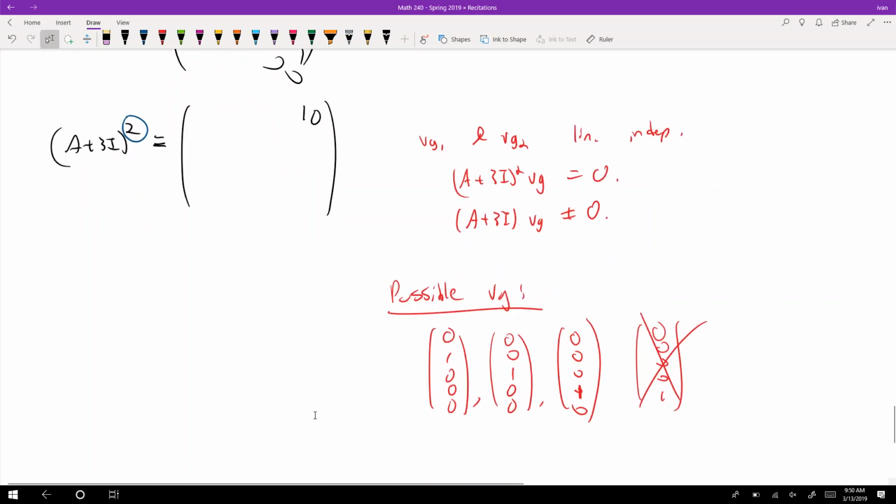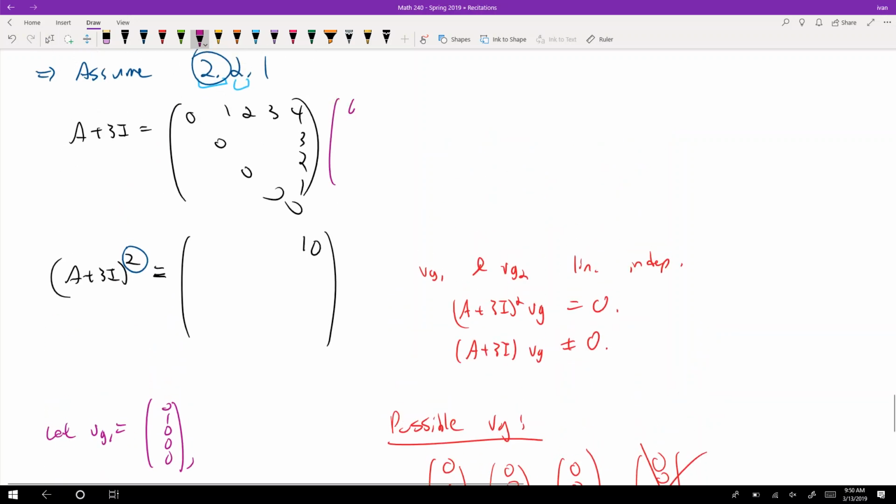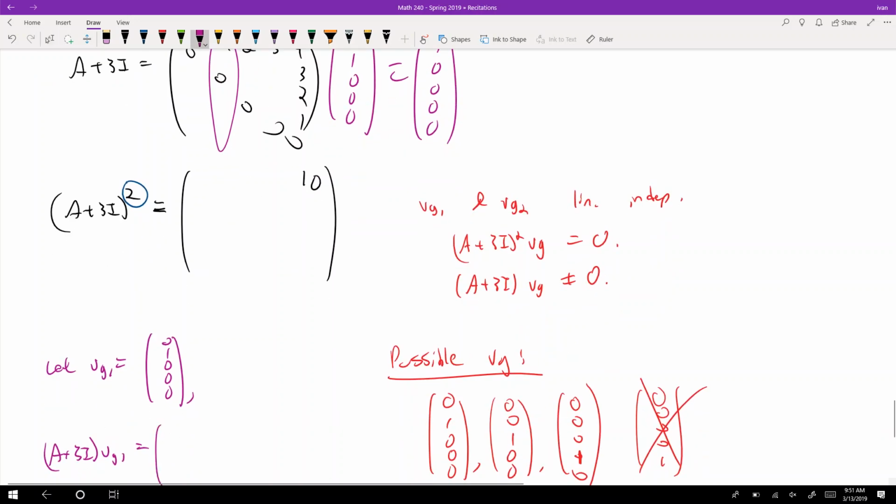So let VG1 equal 0, 1, 0, 0, 0. A plus 3I times VG1 is equal to what? Well, it's this matrix times 0, 1, 0, 0, 0, which is just the second column, because the 1 is in the second column here. So that's equal to 1, 0, 0, 0, 0.